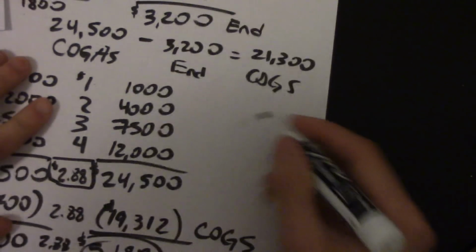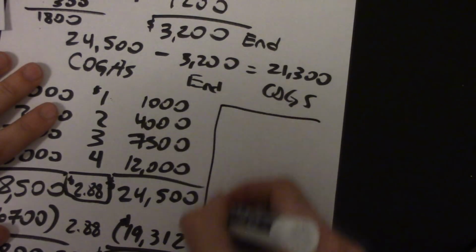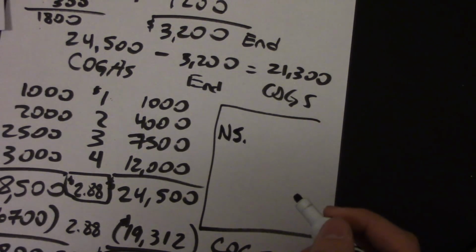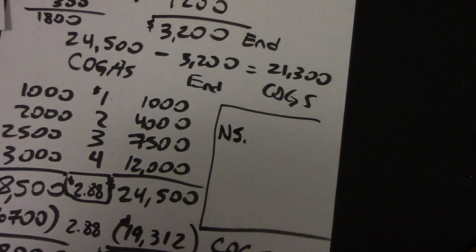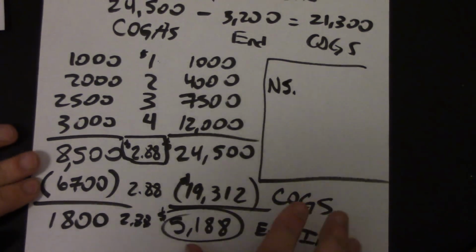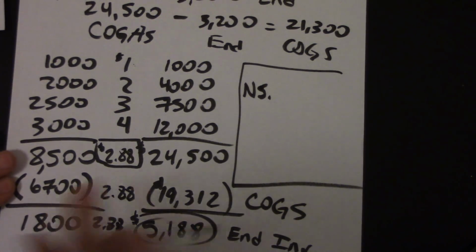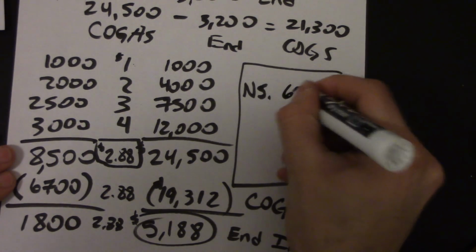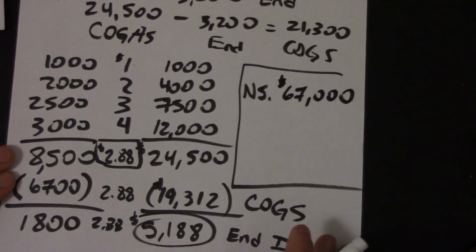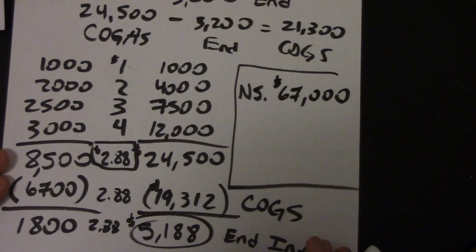So let's think about an income statement. I'm going to draw it right here. We're going to have our net sales. If we sold 6,700 units at $10, 6,700 times $10 is $67,000. So we had $67,000 in sales.